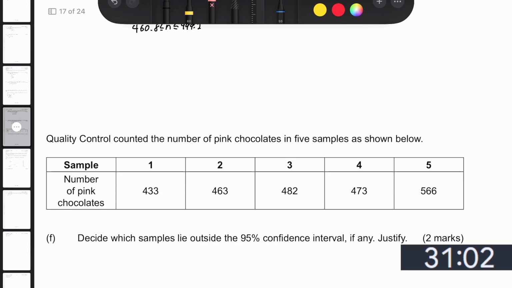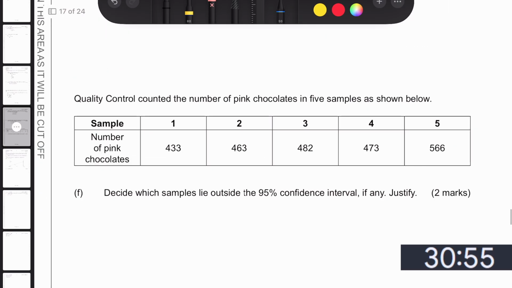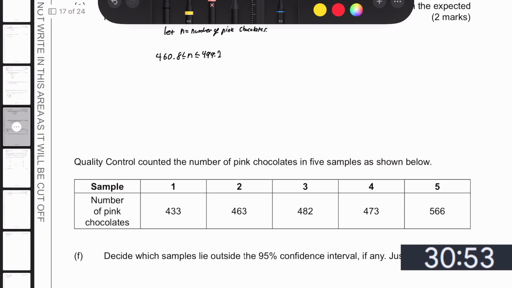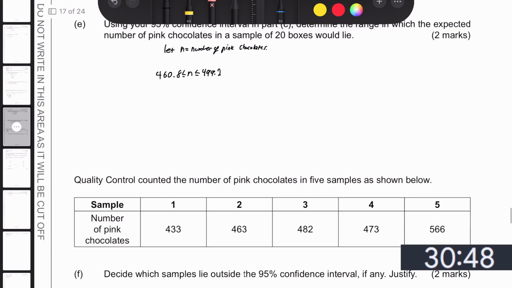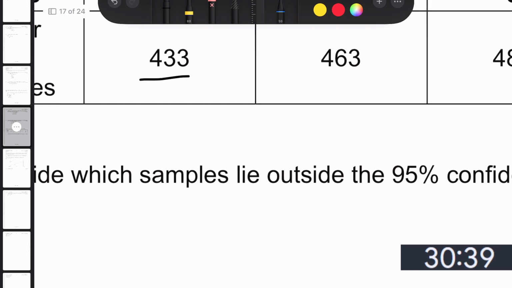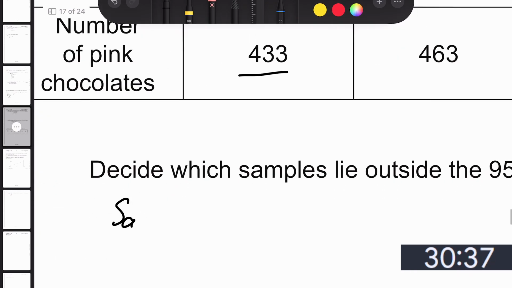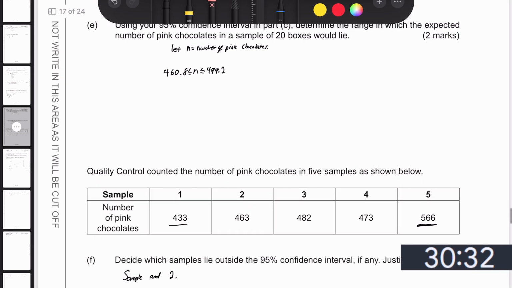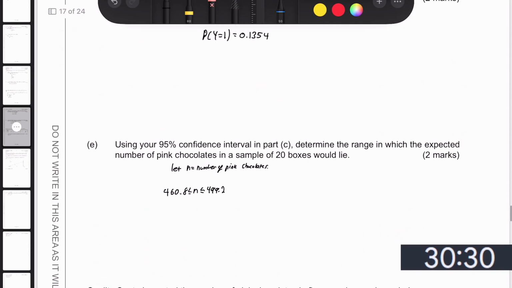Quality control counted the number of pink chocolates in 5 samples before. Decide which values lie outside. Okay, so that's a 90% confidence interval. So we just have to find which values. Sample 1 is below, and sample 5 is above, and that is it. Wait, why does one have to justify?